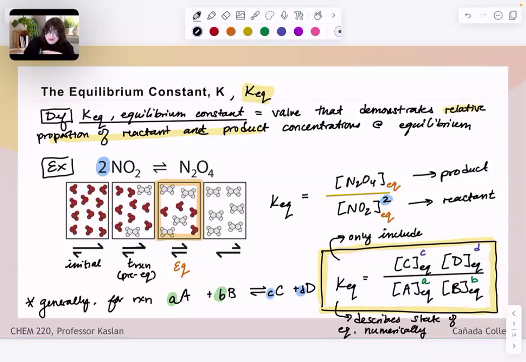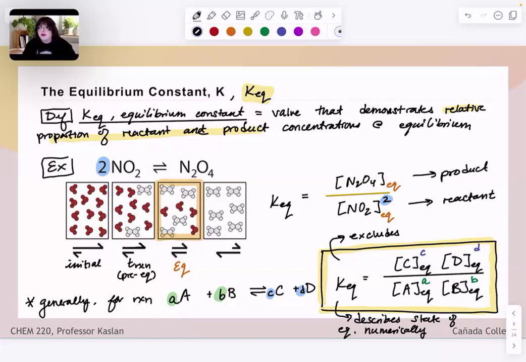So if we're talking about like an aqueous reaction, we would talk about like the concentration of a solution or a concentration of a solute in solution. But if we were going to look at a reaction that involved pure substances like pure water or a solid, we are going to presume that those concentrations or amounts of those things don't change over time.